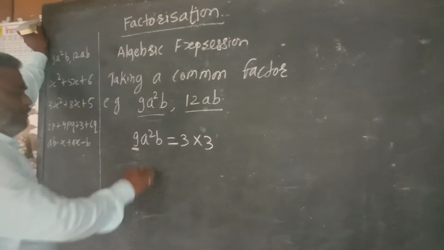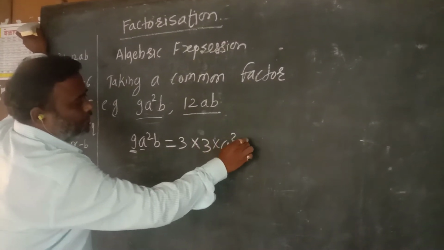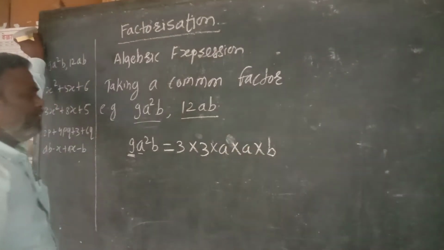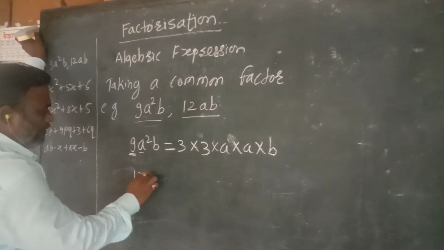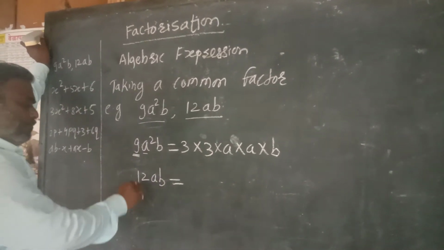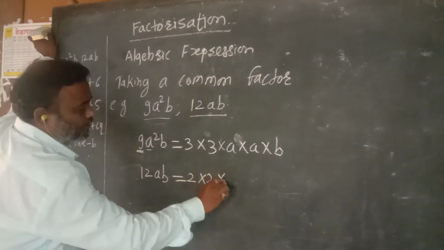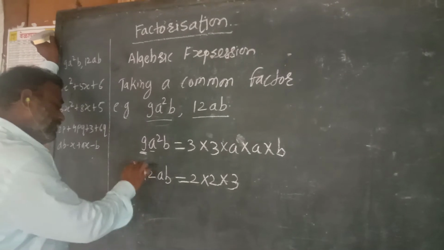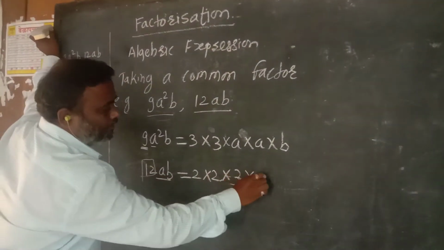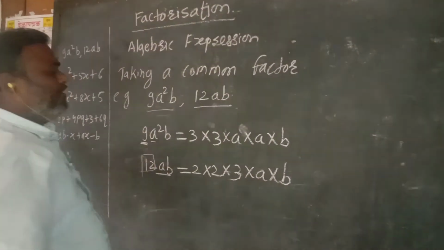Now we have to factorize a square. We can put a square as a into a, and for b we simply write b. Now for the second expression 12ab, the prime factors of 12 are 2 into 2 into 3. First step, we have to factorize the number first. Now factorize the variables. These are the factors of the given expression.